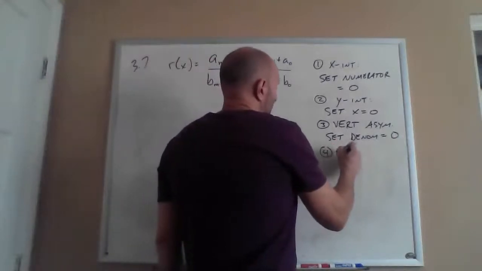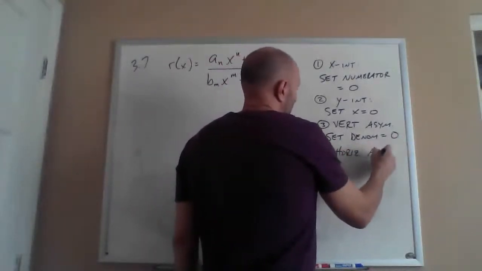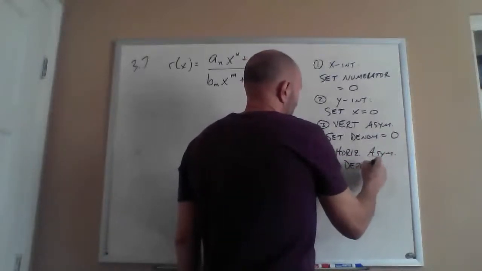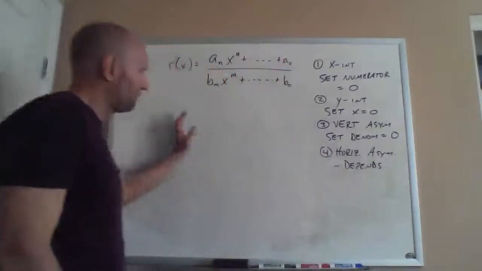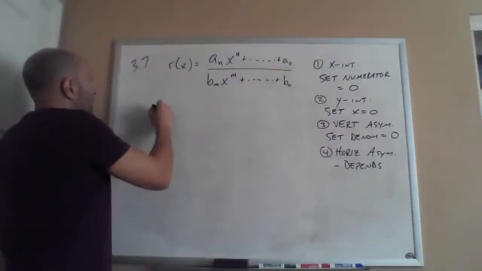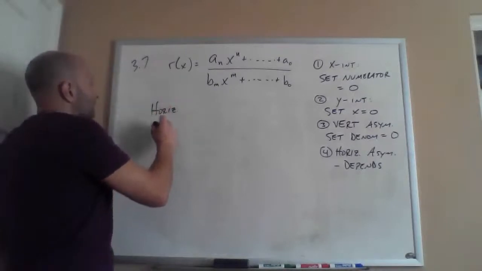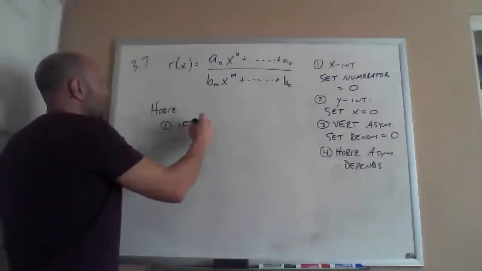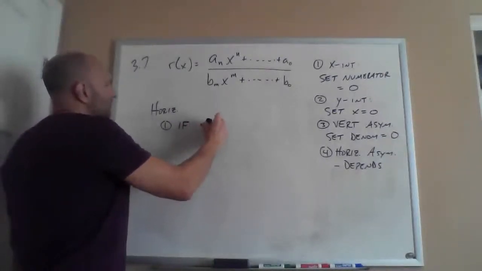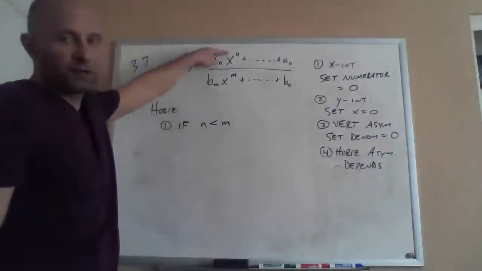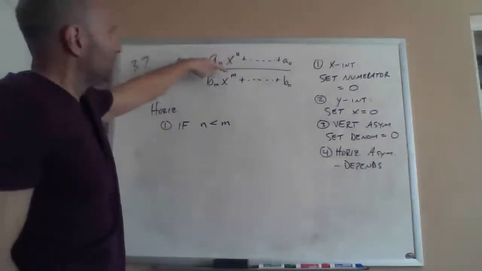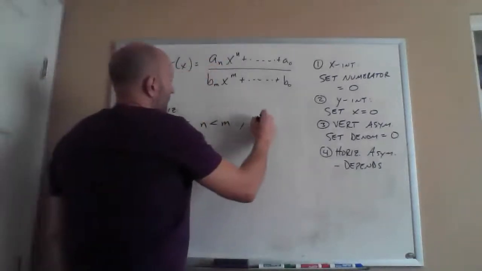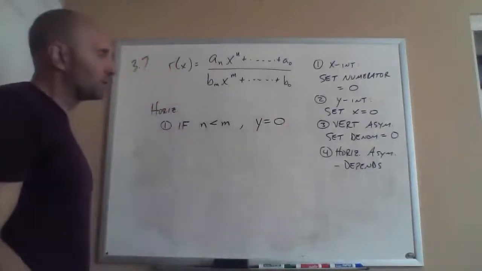And fourth, horizontal asymptote. So for this one, I'm going to put it depends. And it depends on the following. First, if n is less than m, so if the exponent in the numerator is less than the exponent in the denominator, then the horizontal asymptote is just y equals 0.